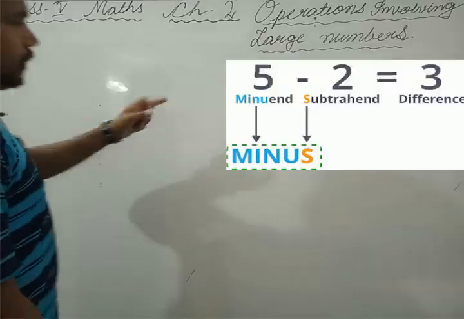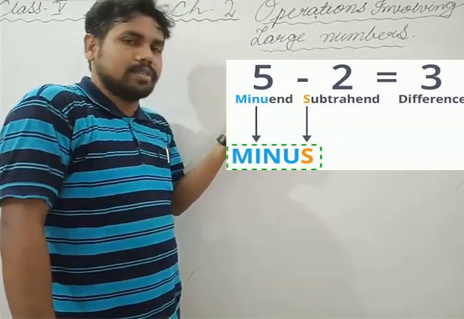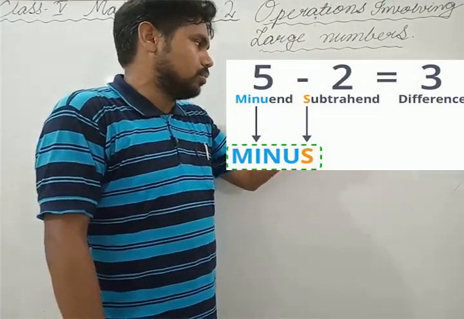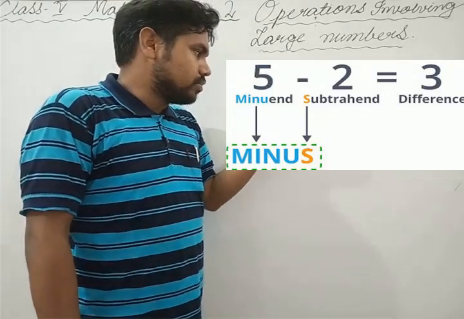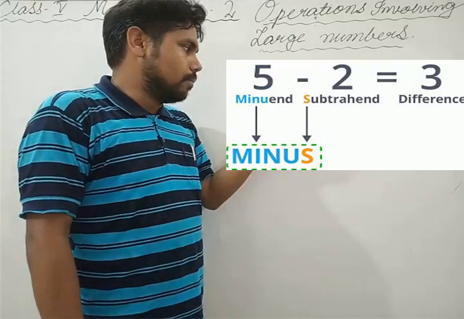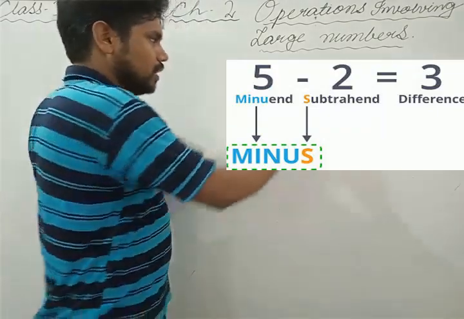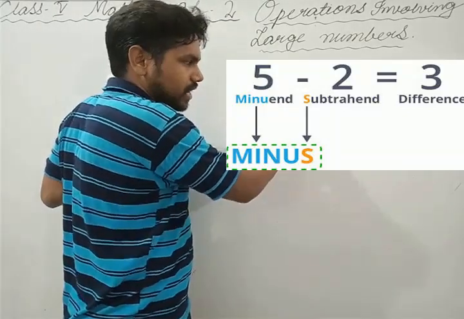In the case of addition it is very easy, we write addends. But in subtraction we have two numbers. One is the number from which you are subtracting, and one is the number you are subtracting from it. One is the total number and the other is the number you subtract from the total.